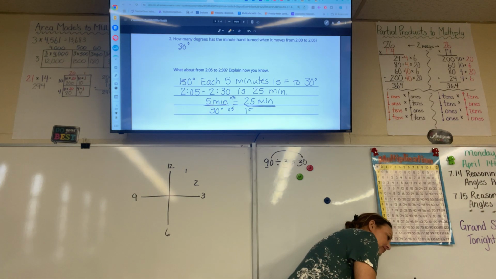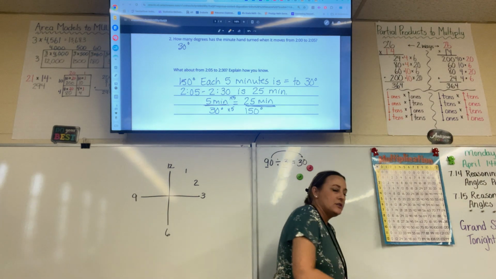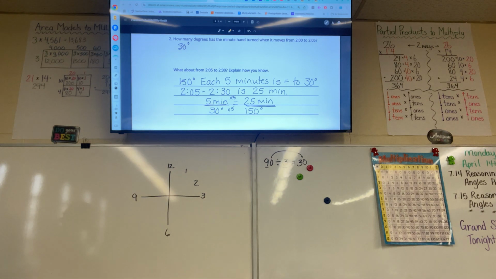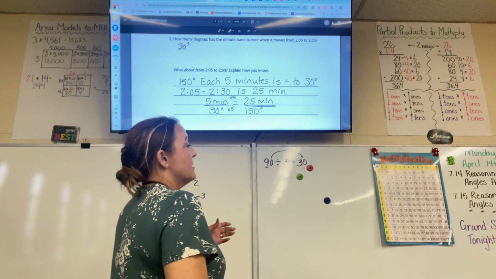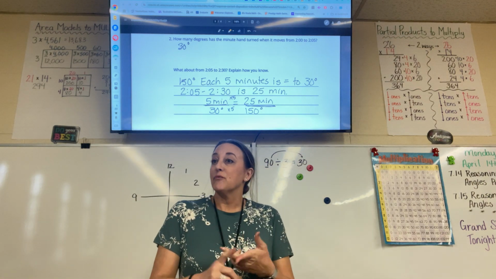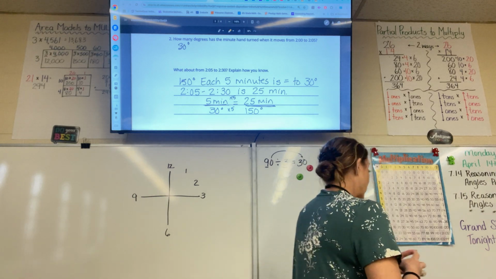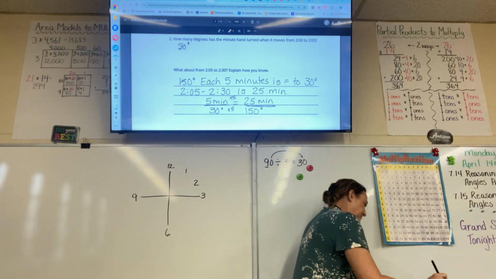So 150 degrees. So this is why we learned how to do equivalent fractions before we did a lot of other things, because converting measurements, degrees, all of that stuff can be turned into equivalent fractions.